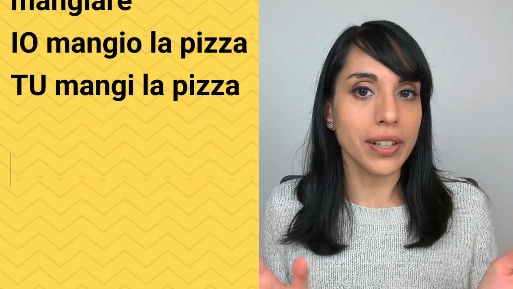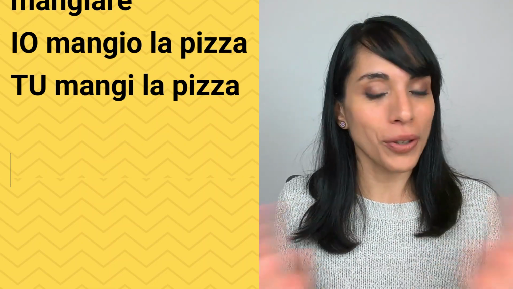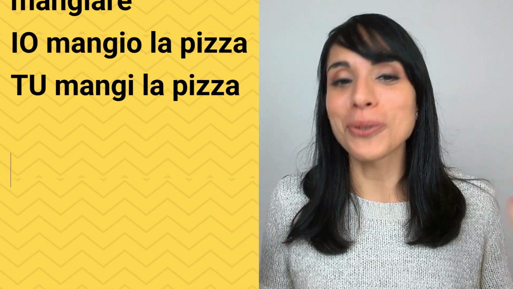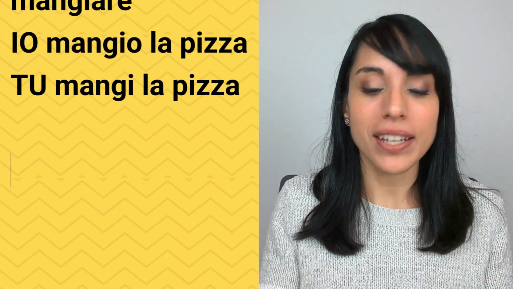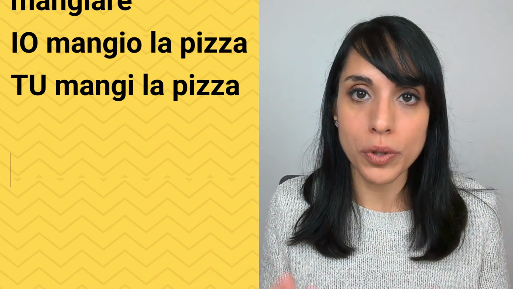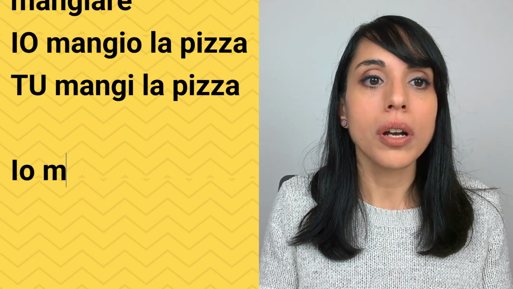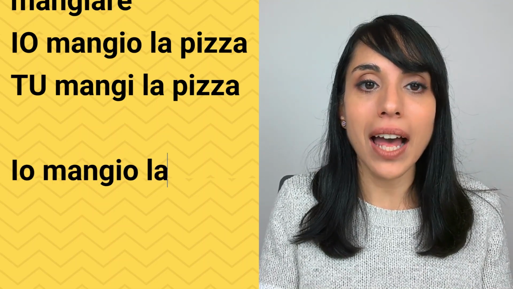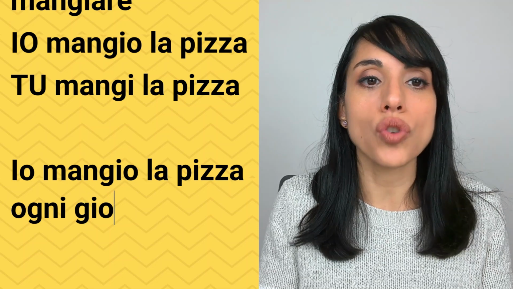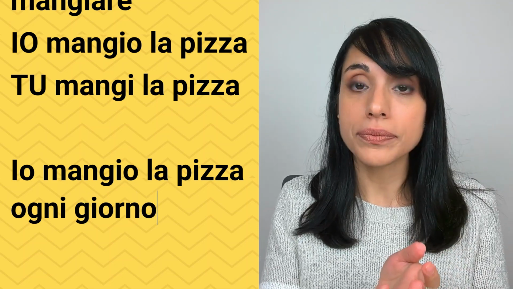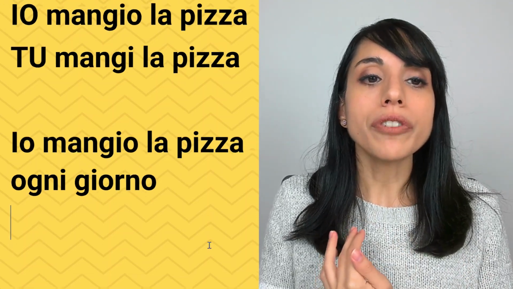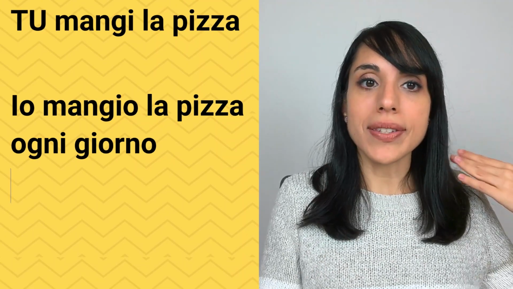Not for real, guys. We do eat pizza, but not that much. But let's suppose I want to say I eat pizza every day. That's a habit of the present, so we use present tense. Io mangio la pizza ogni giorno. Okay? Perfetto.